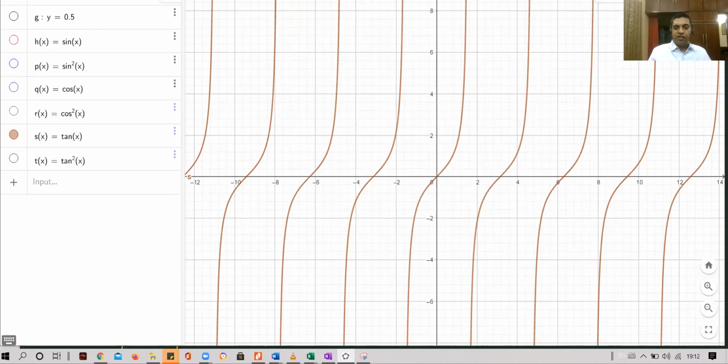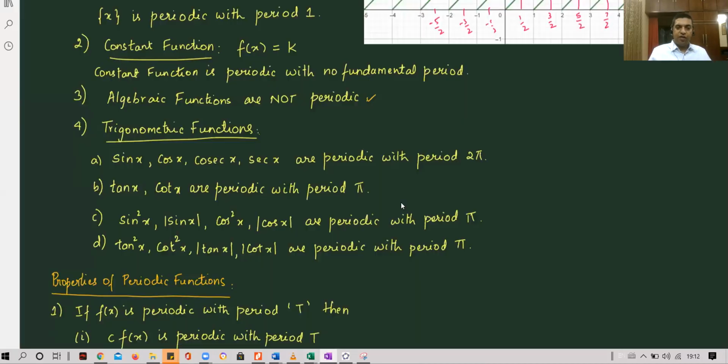So that is what you need to be careful about. When you square trigonometric functions sine, cos, cosecant, secant, the period from 2 pi reduces to pi. However, tan, cot, which are periodic with period pi, even after squaring, the period remains pi.